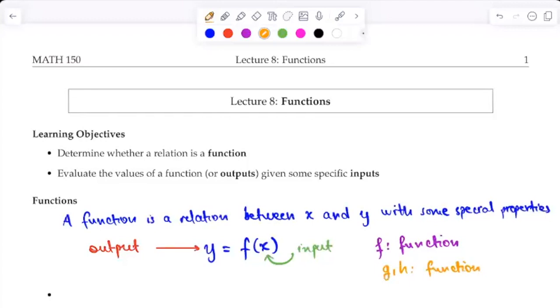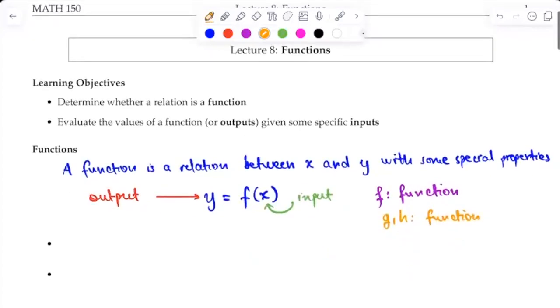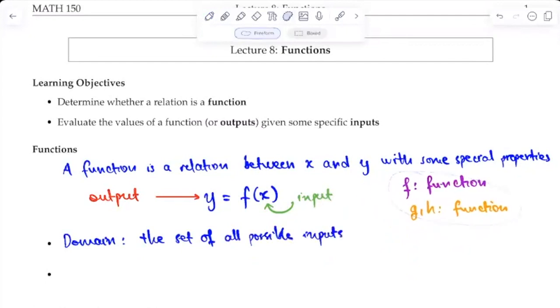So to make sure that you have the correct input, you need to find something called the domain of the function or the domain of the special property. Okay. So the domain is the set of all possible inputs, or the set of all possible x values.